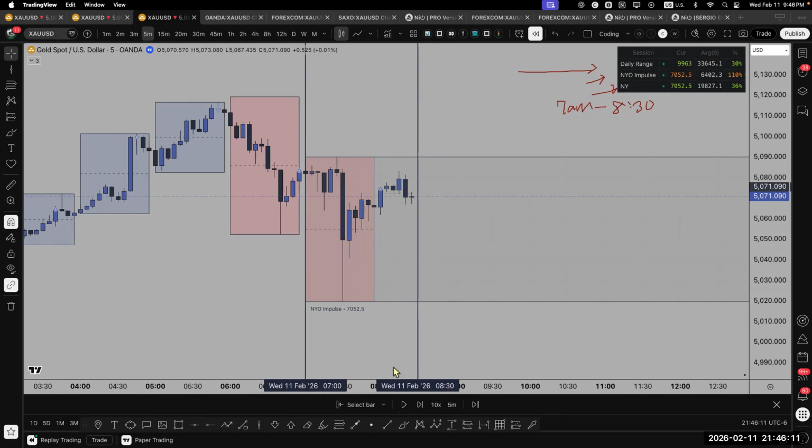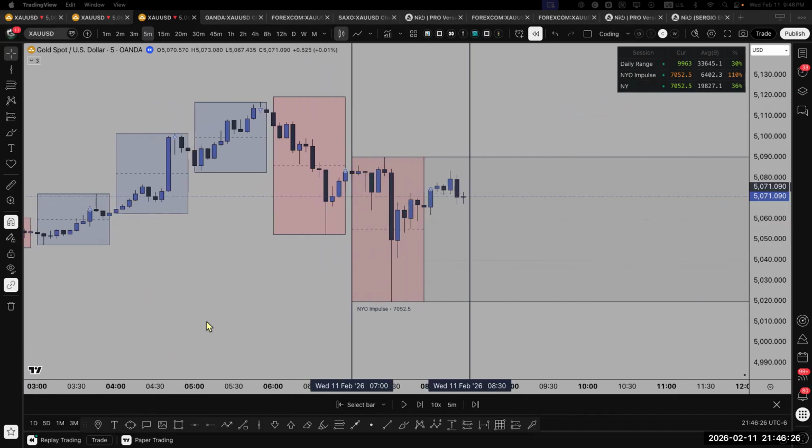Down below is your time. On the right hand side is your price. So the high of this is really important to understand.